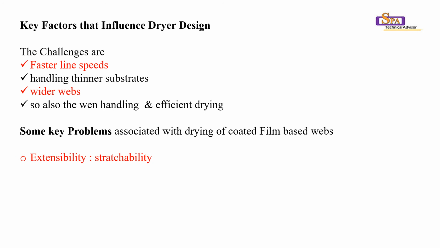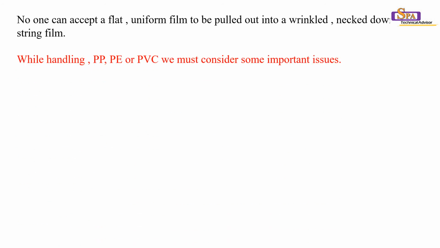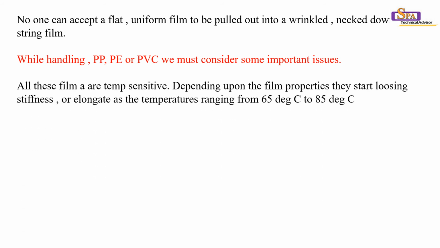Some key problems associated with drying of coated film based web: extensibility or stretchability, baggy edges, cambers, edge curl, skinning. No one can accept a flat, uniform film to be pulled out into a wrinkled, necked down string film. While handling polypropylene, polyethylene, or PVC, we have to consider some important issues.